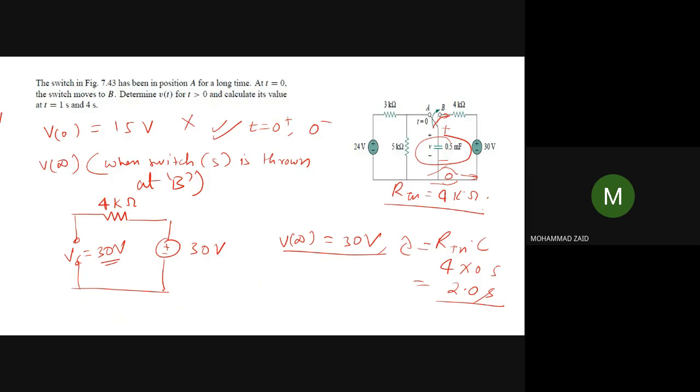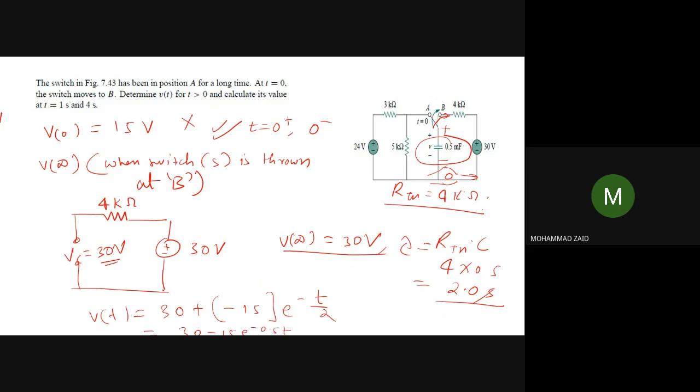Now, once all these things are known, you can write Vc(t) is equal to V infinity, which is 30, plus V naught minus V infinity. V naught was 15, V infinity is 30, so it becomes minus 15 volt into e to the power minus t by tau, which is 2. So 1 by 2 is 0.5. You can write 30 minus 15 e to the power minus 0.5 t.